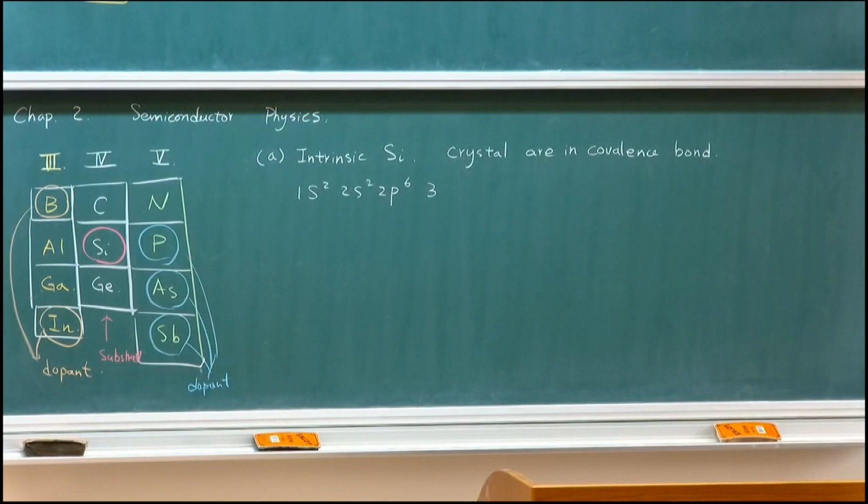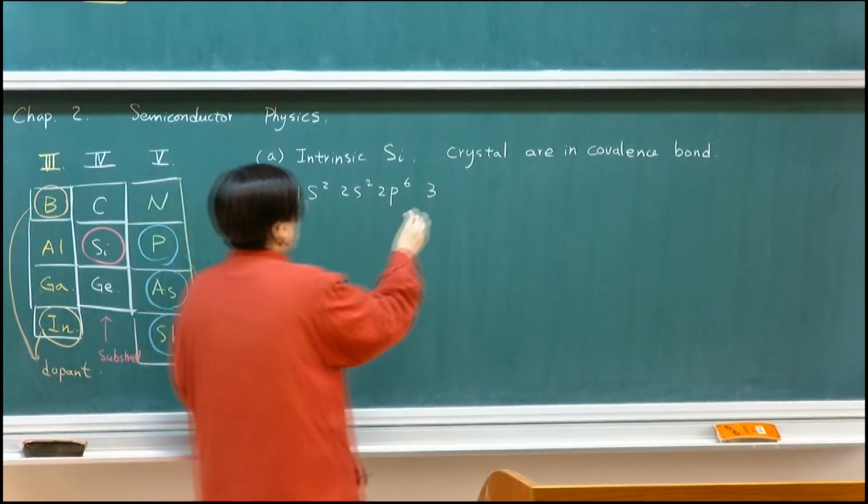If you grow your, remember I showed you the wafers. Those are silicon crystals, and then they slice them into wafers, right? So the silicon crystals are linked with covalent bonds. So I have 4 valence electrons.